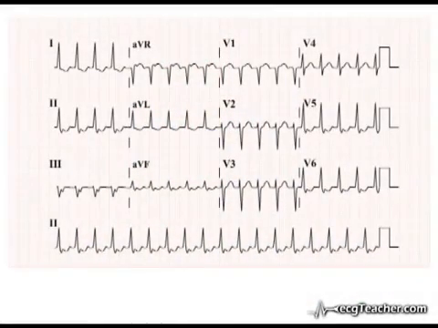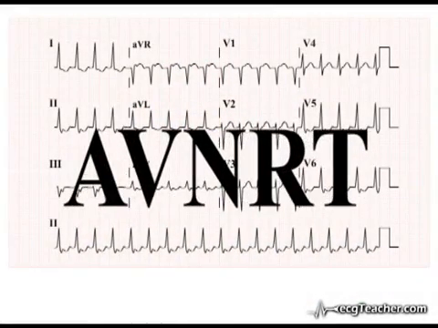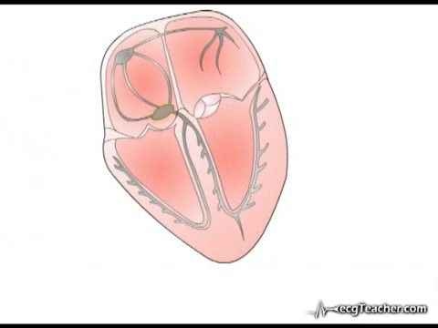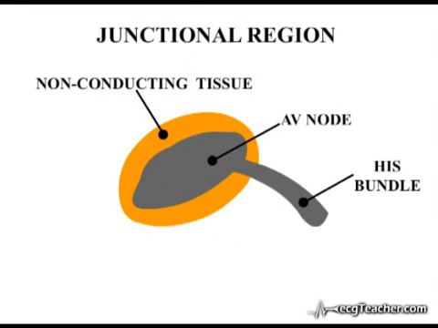Before we go on to explain the mechanism of AV nodal re-entrant tachycardia, we need to look at the structure of the junctional region in a little more detail. Atrial depolarization is conducted into the AV node by a specialized tract of conducting tissue.